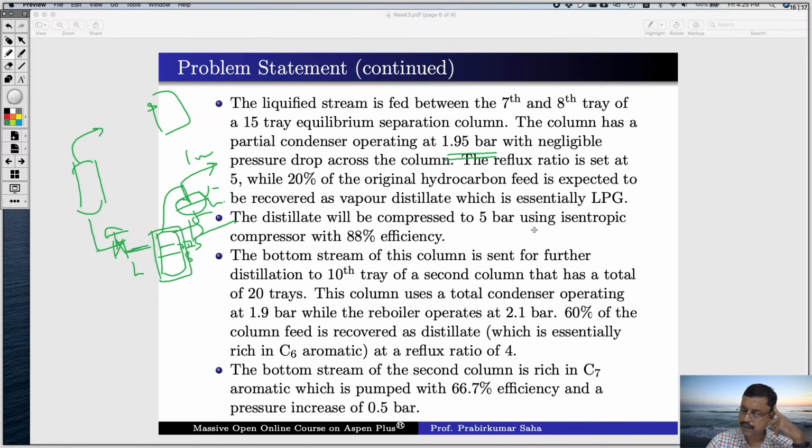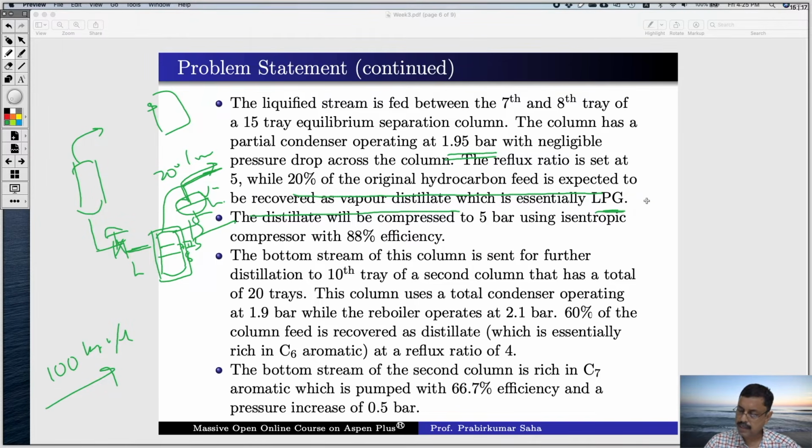While 20% of the original hydrocarbon feed is expected to be recovered as the vapor distillate. So here it is 20% of the original vapor. So what was original? Original was 100 kilomole per hour, if you remember, just a few slides back. 20% of that will be recovered as the vapor distillate, which is essentially LPG.